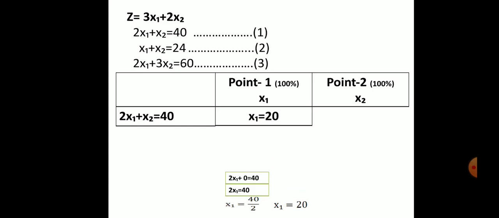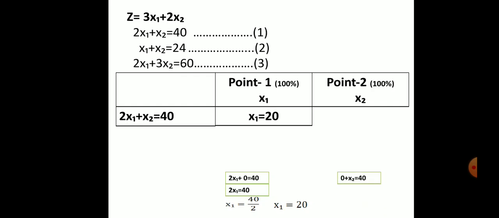It's clear, students, how to find the value of x1. In simple terms, whatever value is given on the right side, here 40, you just divide it by the coefficient, 2, to get the value of x1.